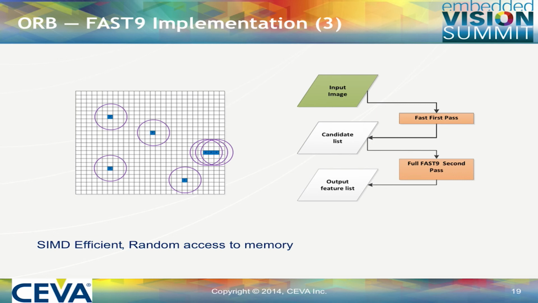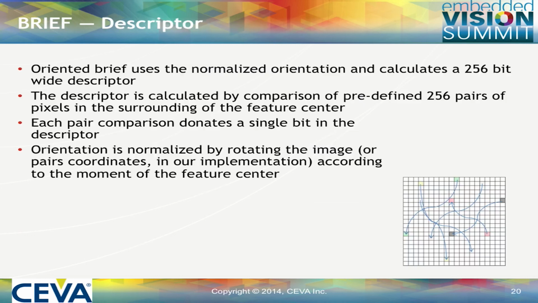We have only these points left for Fast9 computation, and I can use the SIMD vector where each element in the vector goes to a different feature. And this way I can work on several features at a time. So this utilizes both the SIMD efficiency and random access to memory, which is another powerful thing of the DSP core.